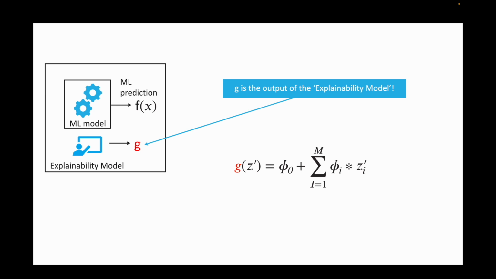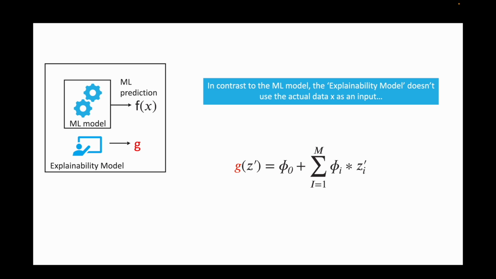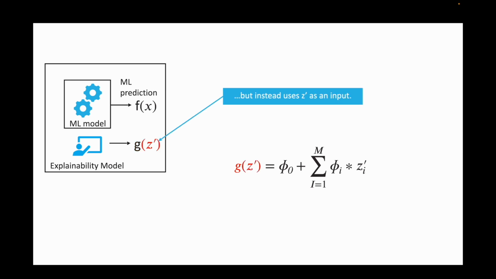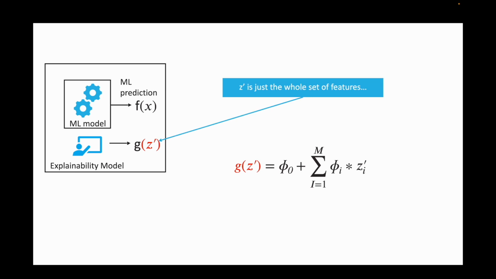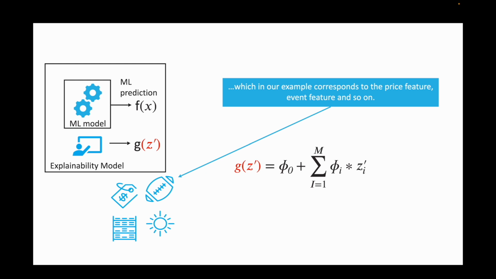g is the output of the explainability model. In contrast to the machine learning model, the explainability model doesn't use the actual data x as an input, but instead uses z prime as an input. z prime is just the whole set of features, which in our example corresponds to the price feature, event feature, and so on.